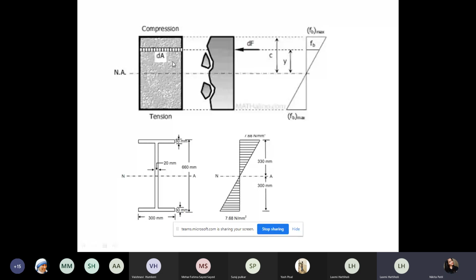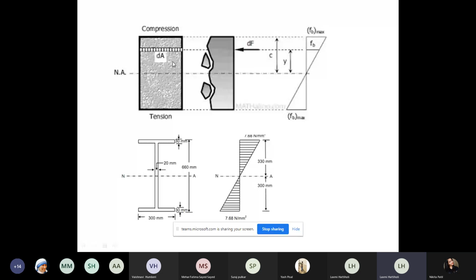See, this is a rectangular section. Let me show it to you. Now observe this carefully. This is a rectangular section, and the entire area is covered here, I'm just doing the shading.